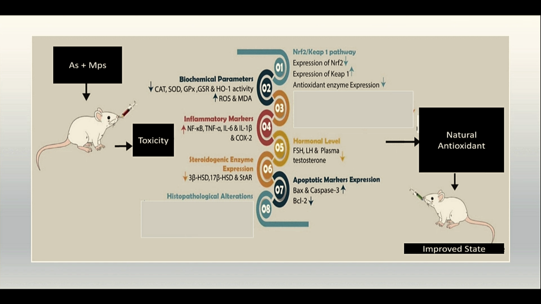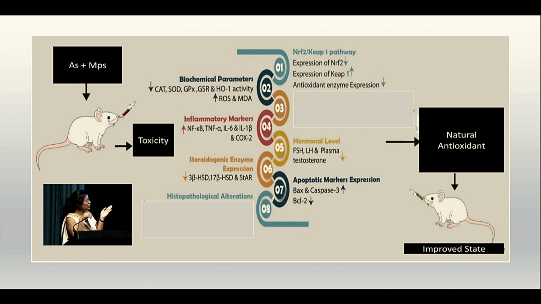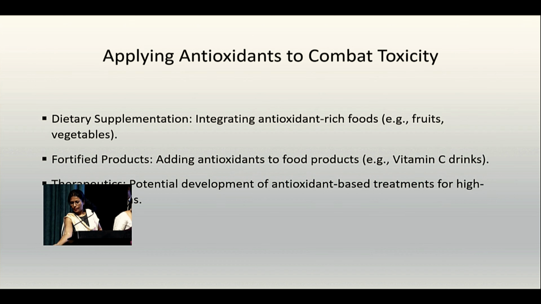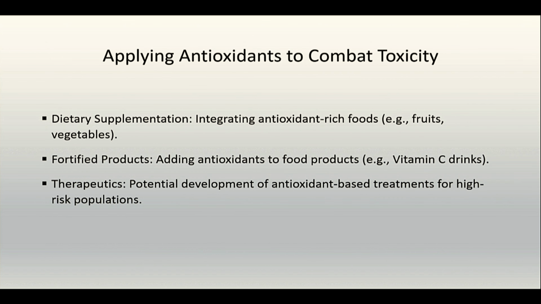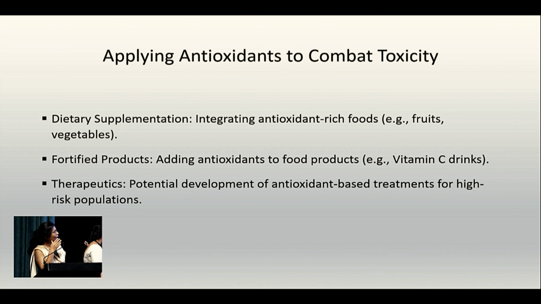It is a big topic actually, and it is also increasing the inflammatory markers, and then the hormonal levels are disrupted, and it is also showing changes in the apoptotic marker expressions, and then there are histopathological changes also in the cells. So I'm going very fast. So how do we apply these antioxidants is through dietary supplementation, food products, and then therapeutics.